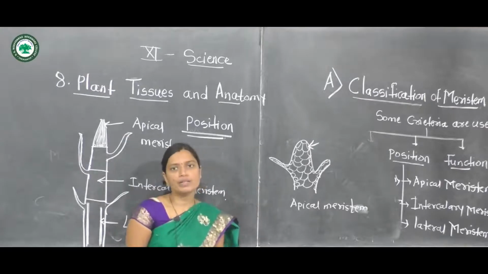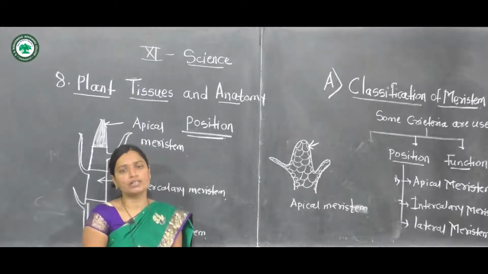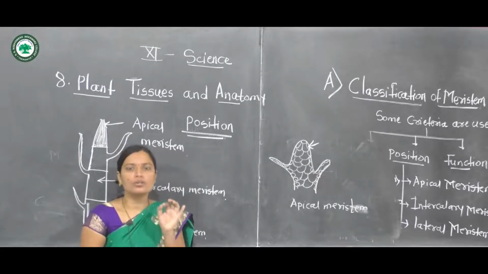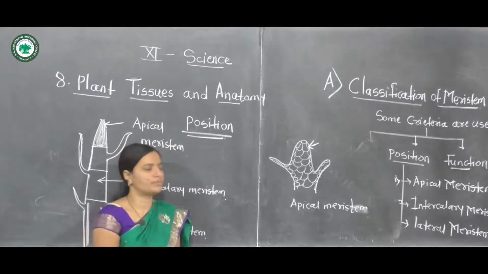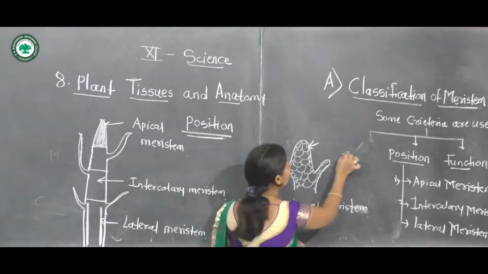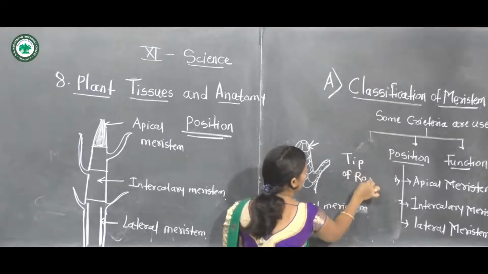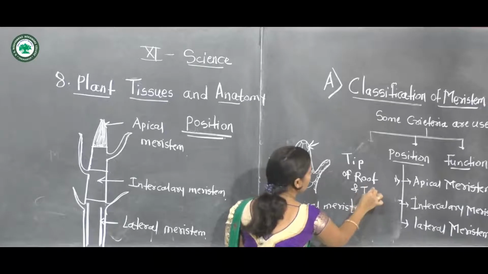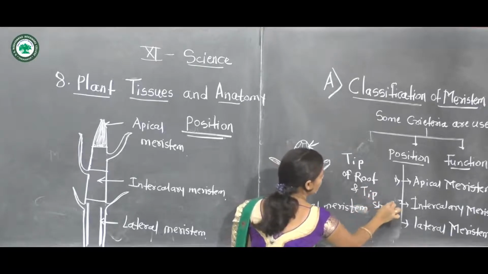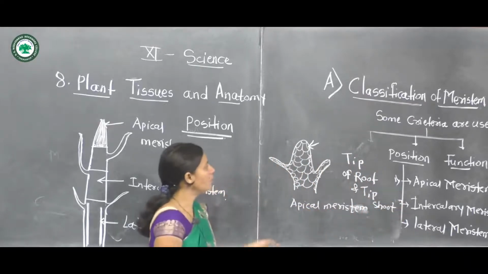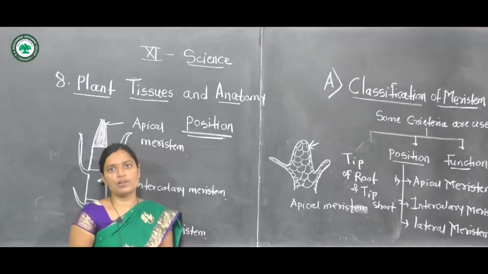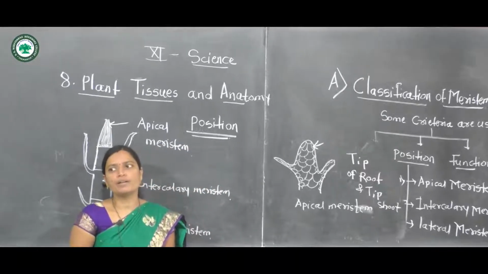It originates in, or is present in, the root tip and shoot tip. It is present at the tip of roots and the tip of shoots. These are the two important locations of the apical meristem.